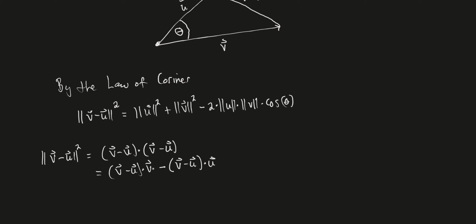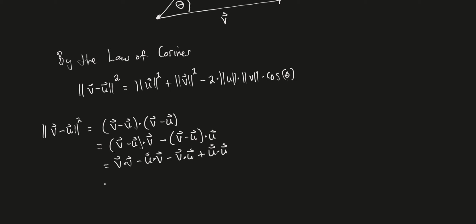So basically what I'm doing is foiling this out, but everywhere there's a times, it's really a dot product. So FOIL again, this gives me v dot v minus, and then what do I have here? u dot v, and then minus v dot u, and then here I have plus u dot u. But now let's use some more of those properties.